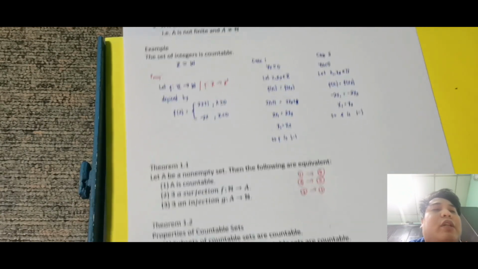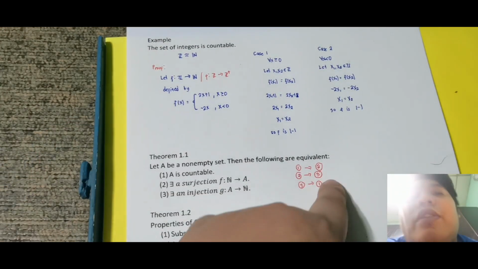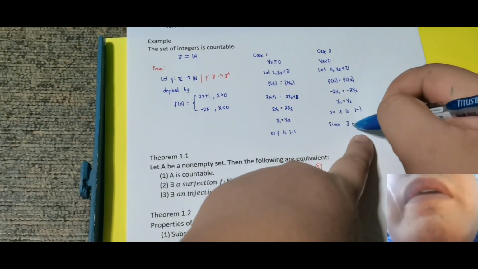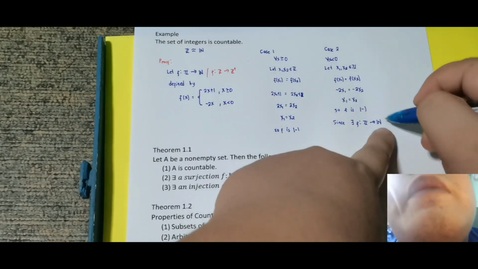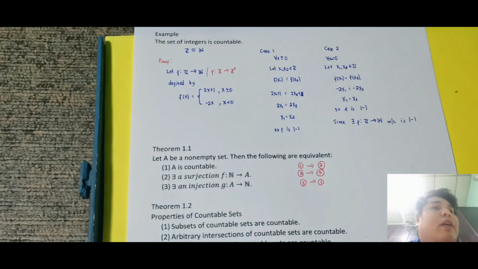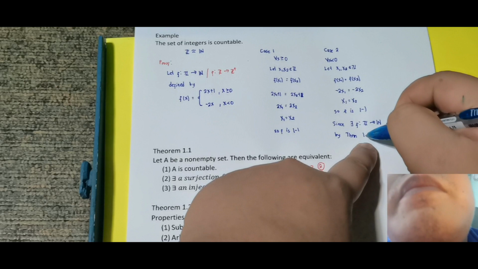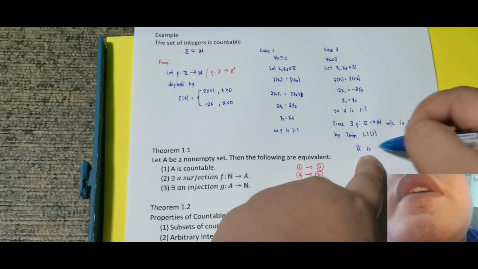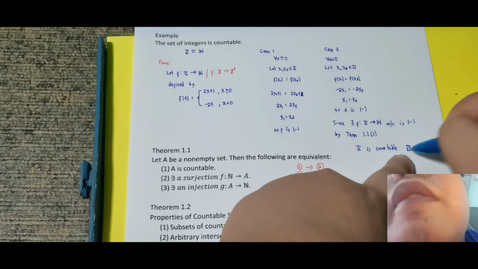Ngayon, since injective na siya, by theorem, nakita natin na there exists a function f mapping from the integers going to the set of natural numbers which is 1 to 1, by theorem 1.11, Z is countable. Okay, and that is done.